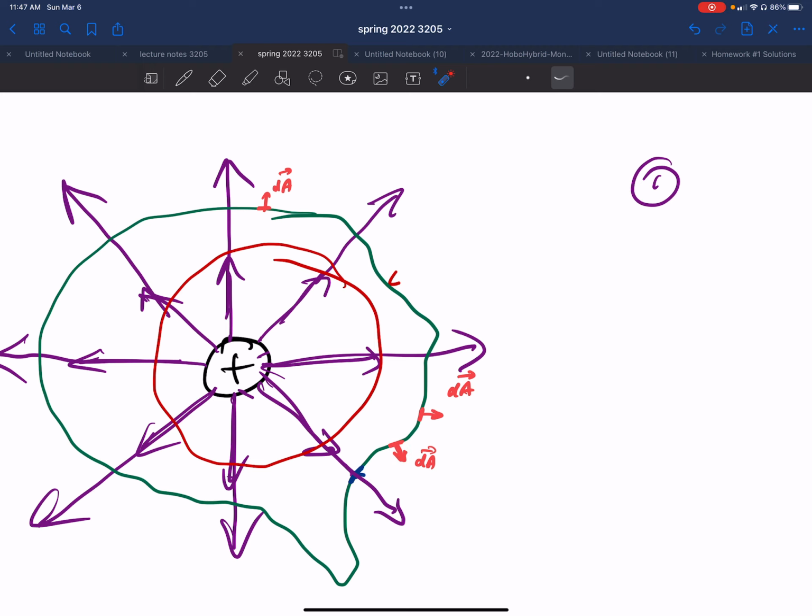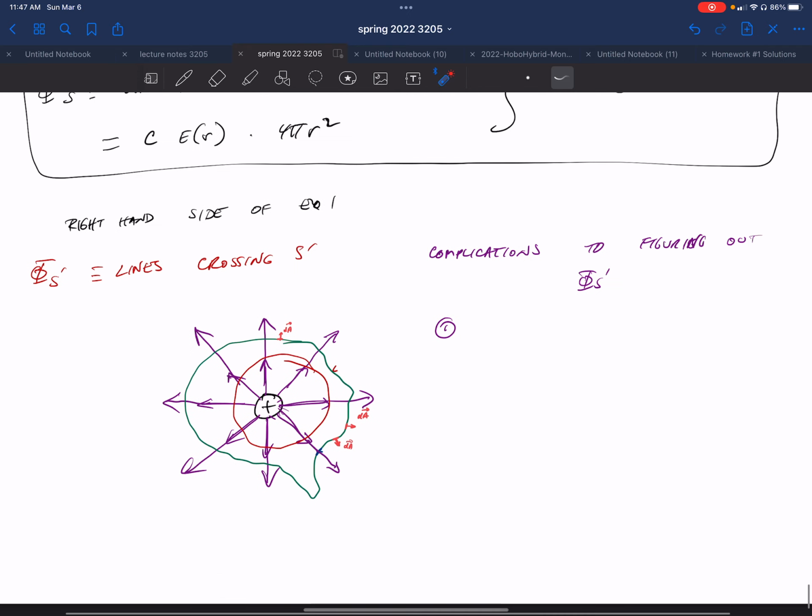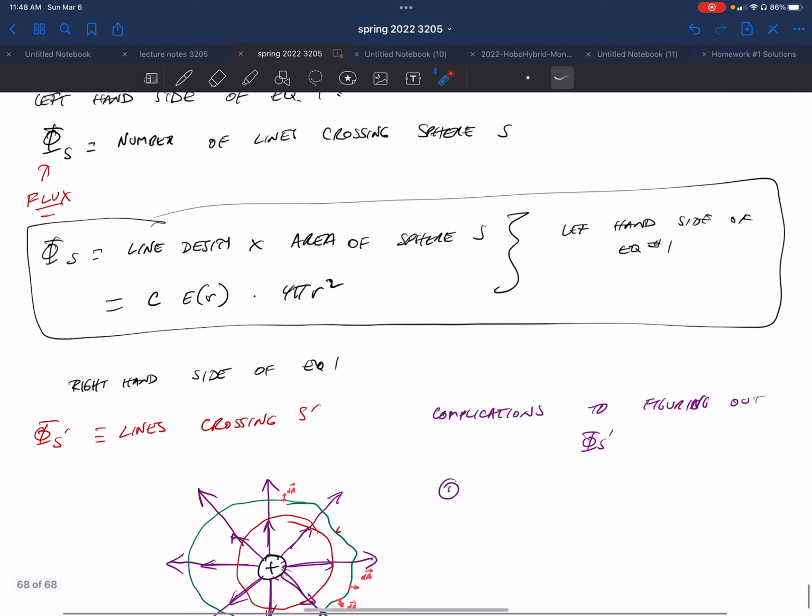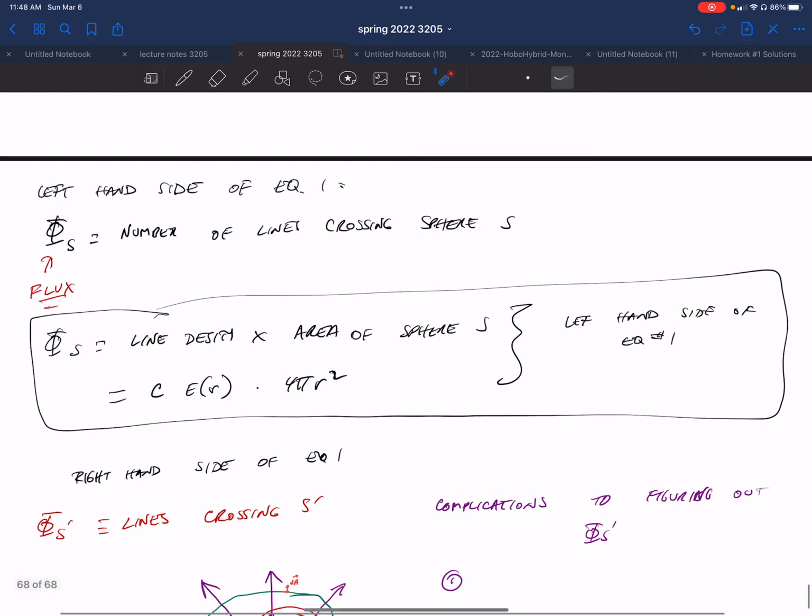Now, the first problem is that in the case of the sphere, since we have a radial electric field, because we have a point charge at the center, the electric field is guaranteed to be radial, and we picked a sphere as the shape, so this electric field is always perpendicular to the area of the sphere, meaning it is parallel to this dA, and we could just multiply.